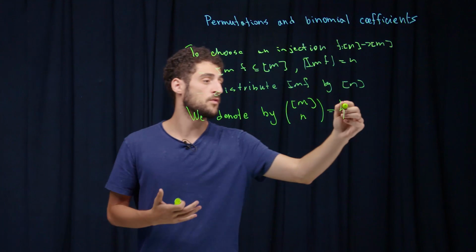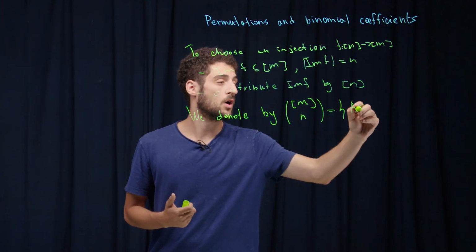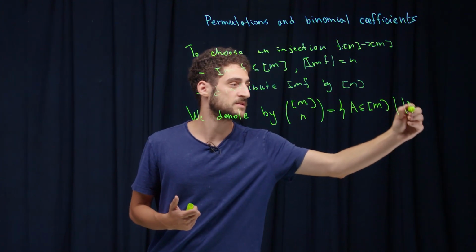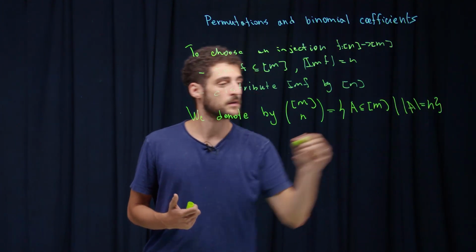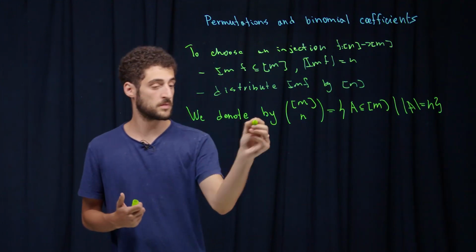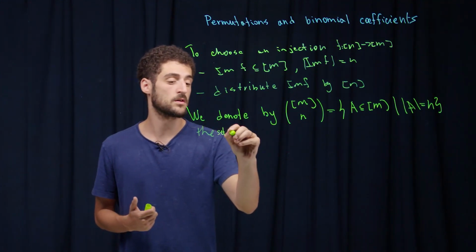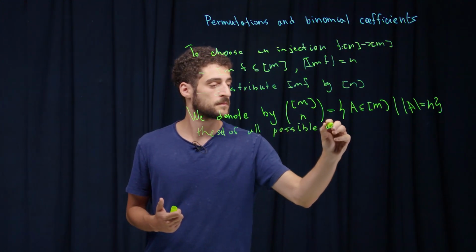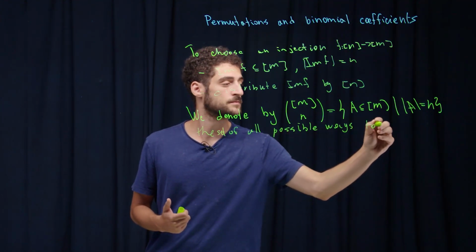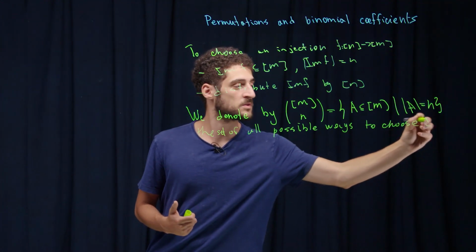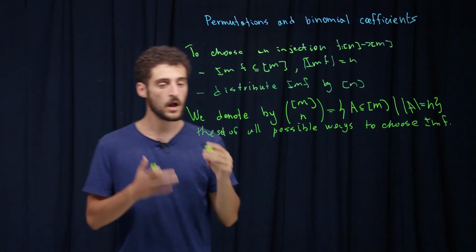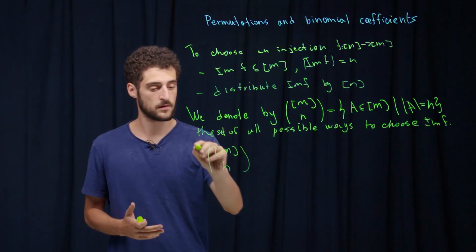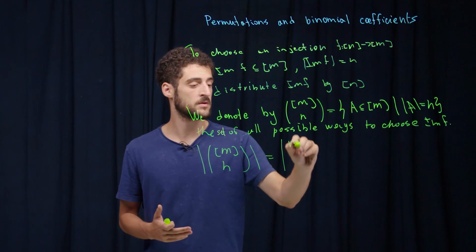In other words, it's a set of all possible subsets of m such that the size of this subset is n. And we denote the size of this set by m choose n.